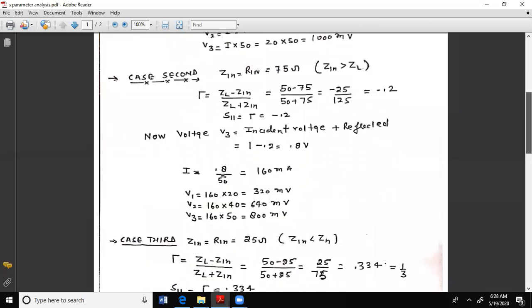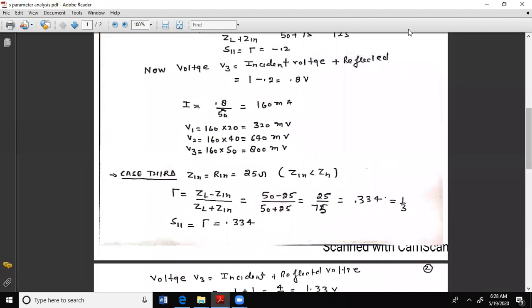Now let us consider the third case, where the load impedance is greater than the input impedance. We are assuming the input impedance is 25 ohm.